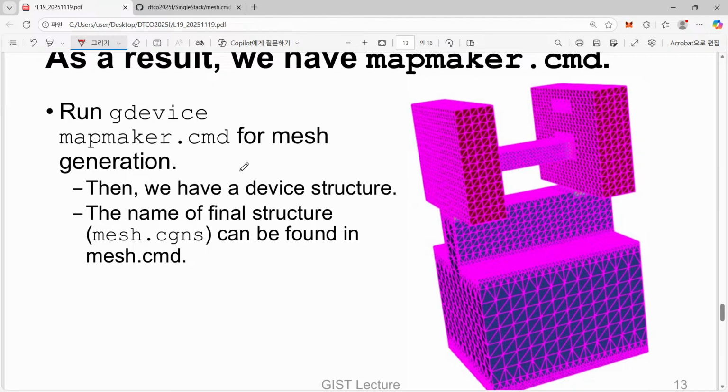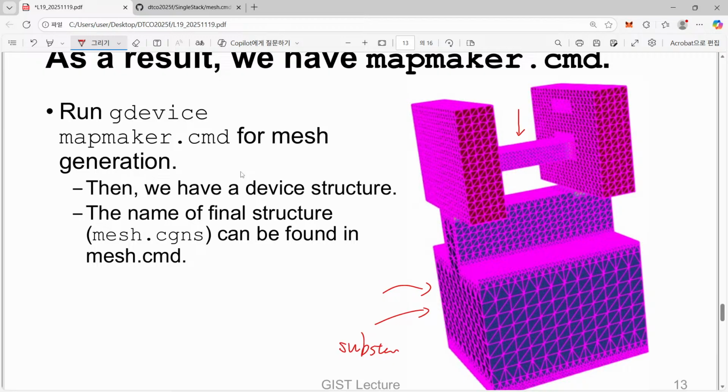So you can see that here we have a substrate, and substrate is not that important for our simulation because substrate does not conduct. In this case, we introduce a quite coarse grid. And which one is the most important one? Here we have a stack, the single stack.